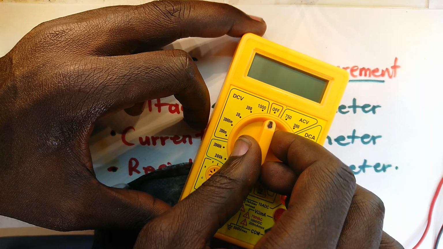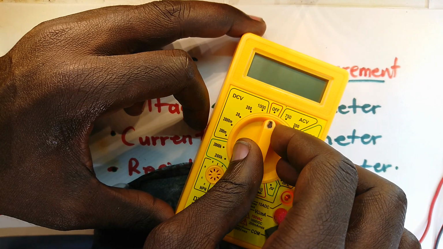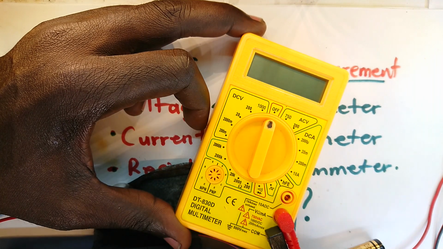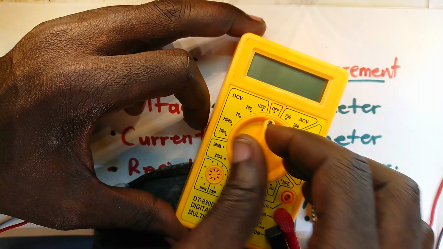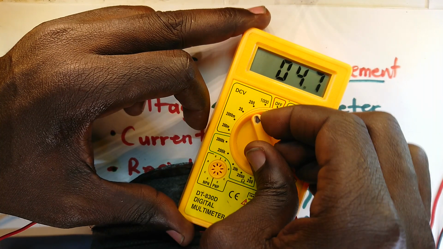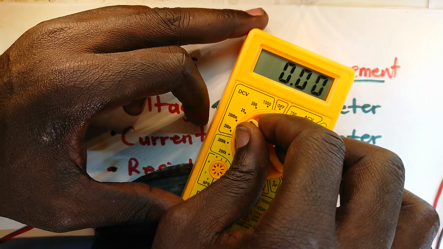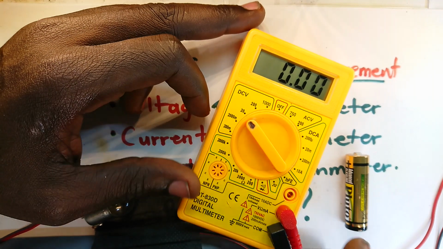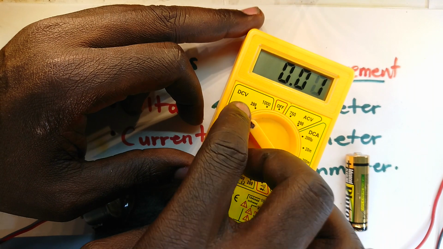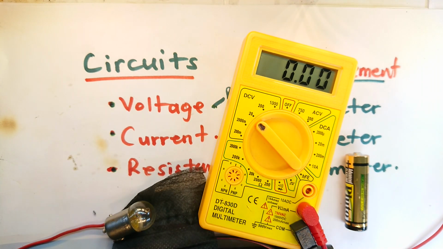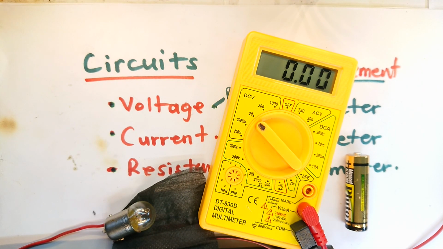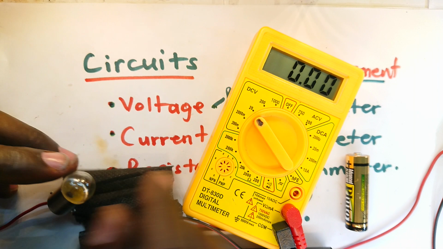Because current only flows in one direction from them, that's why they are called direct current voltage sources. So that means I am going to put it in voltage mode. I'm going to choose 20 because the voltage we are going to measure is not going to exceed 20. Remember, we added and we're only reaching 7.5 volts, so that's why I've chosen this.